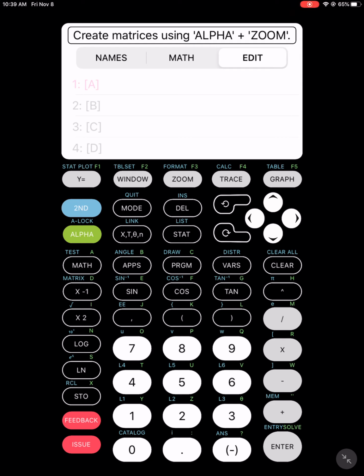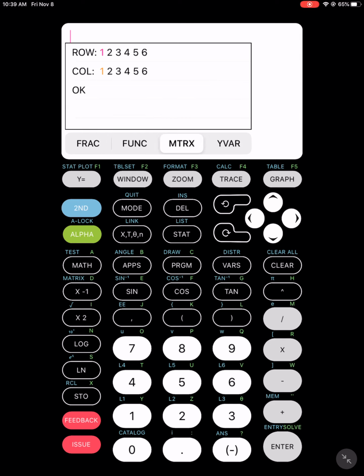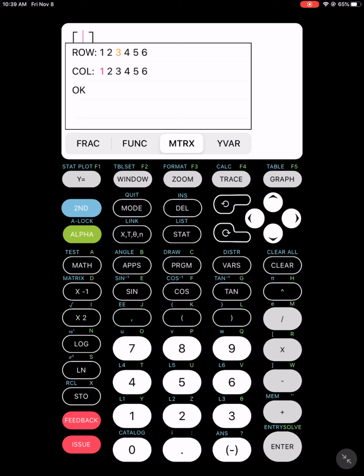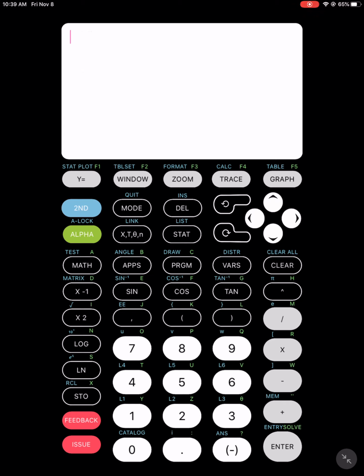To create matrices, alpha zoom. You will just create it like normal. You have 3 rows and 4 columns, and hit OK.